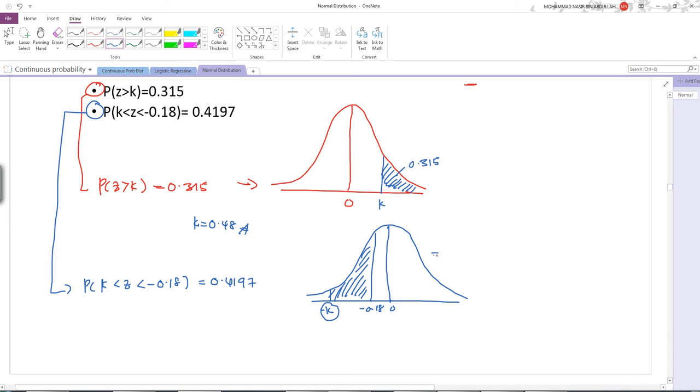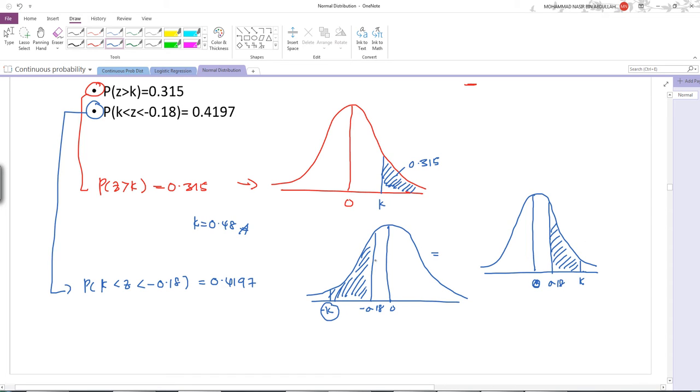So this area is also equal to this area. If we want to use the statistical table, in our statistical table we have no negative value, right? Negative K. So it should also be equal to 0.18 to K. Right? This is the same area.